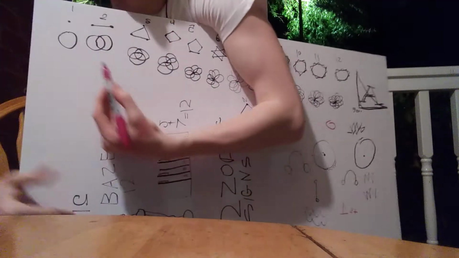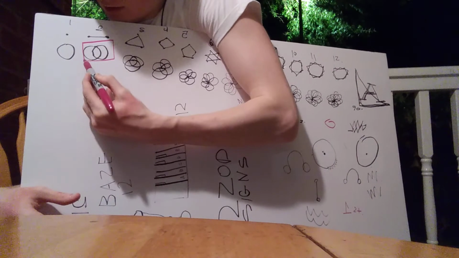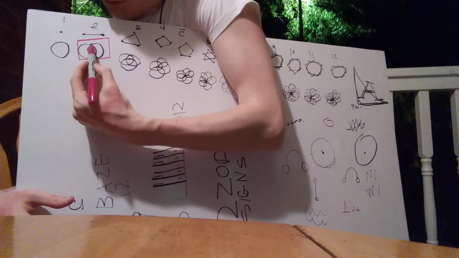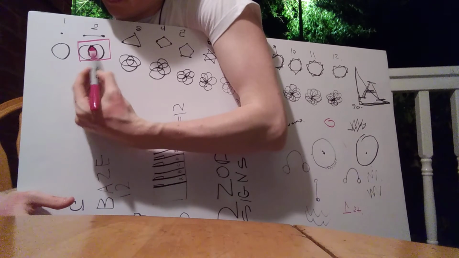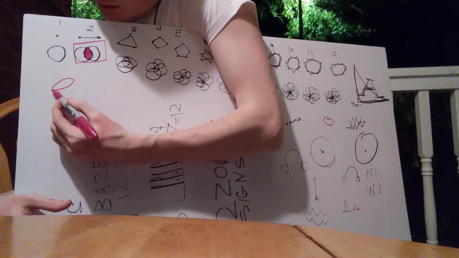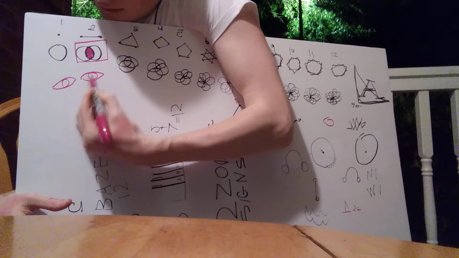Now this is something I also want to describe. This is the Vesica Pisces. It is the eyes and the mouth.